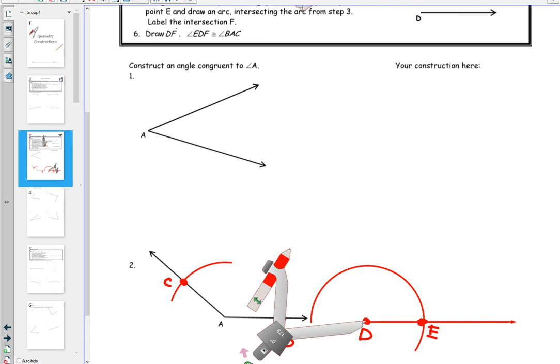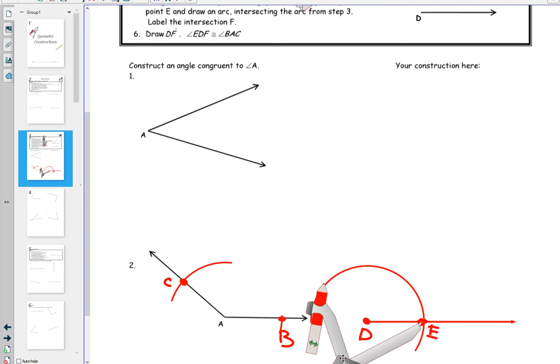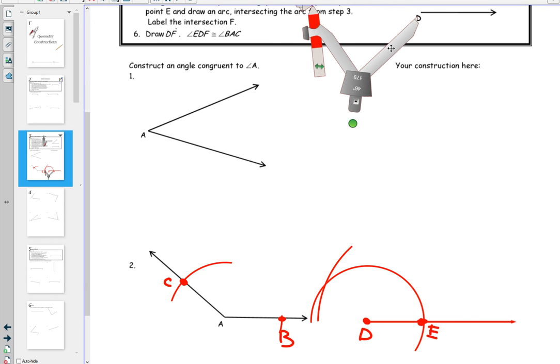I'm sorry, I said D, I meant to say E. Bring it over to E. There you go. So wherever they cross, that's where the angle should go. We'll call that point where they intersected F.